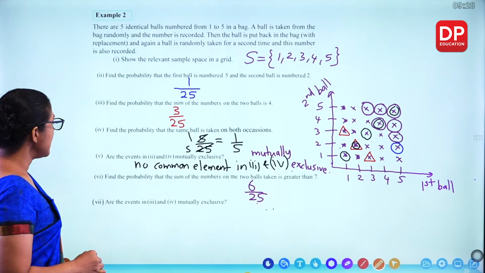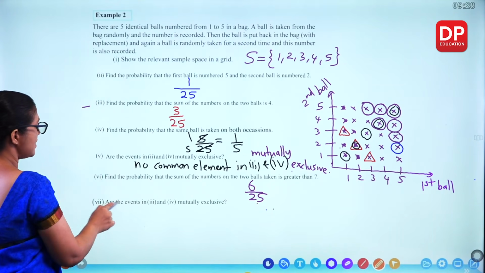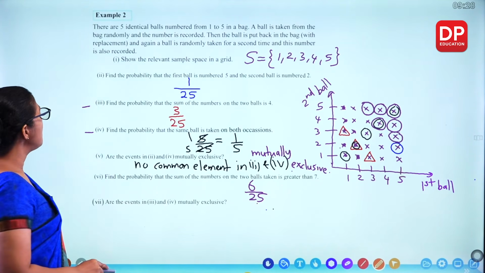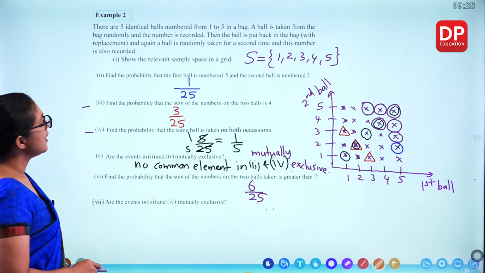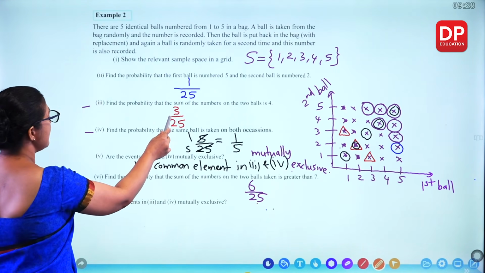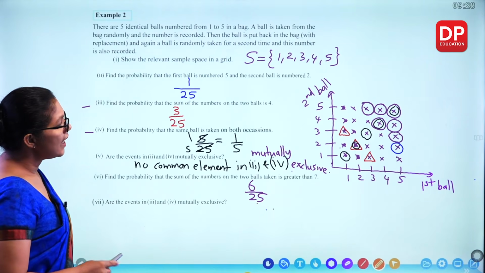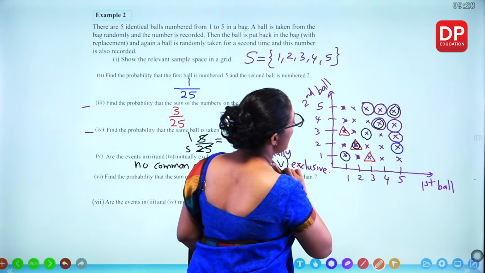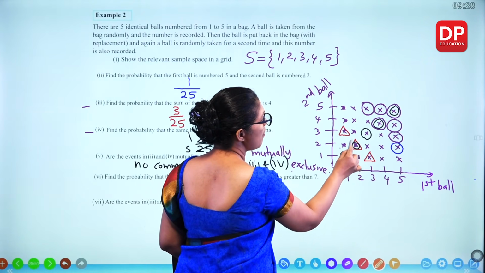Are the events in the third part and fourth part mutually exclusive? That means red color one and the black one. Red and black. Here I can see this element is common.